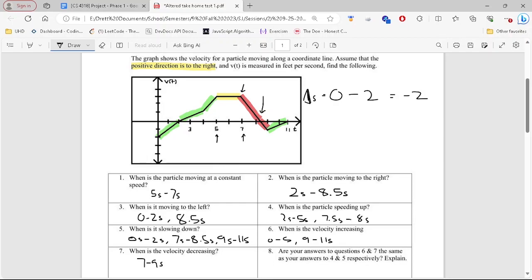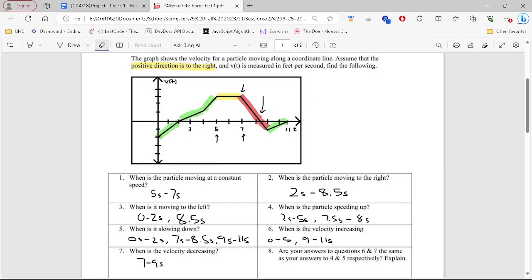And does this make sense? Yes, it does. Imagine you're walking backwards at negative 2 feet per second, and then all of a sudden you stop. Over time you stop. You have gone from moving with some speed to not moving, so your speed is 0 at that point. So your speed has decreased.